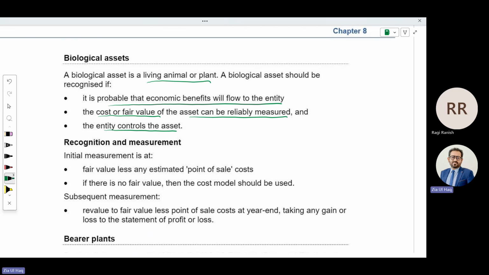They should be recorded as agriculture assets. Recognition and measurement: initially measure at fair value less any estimated point of sale cost. If there is no fair value, then the cost model should be used. Like if for any animal you cannot measure fair value, then whatever amount you bought that cow for, you will use that amount.